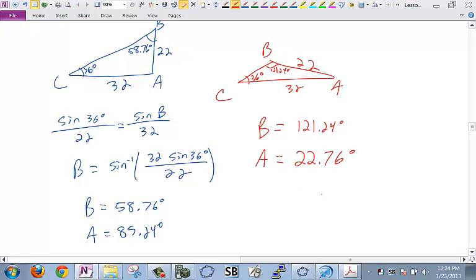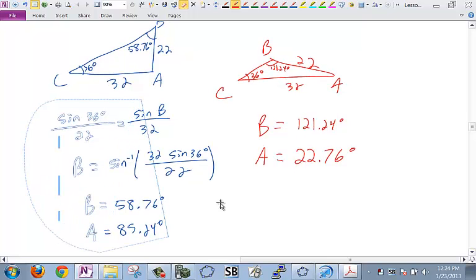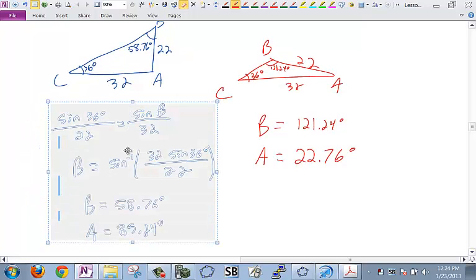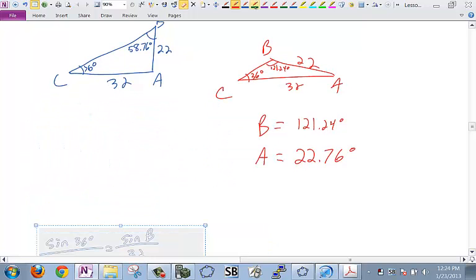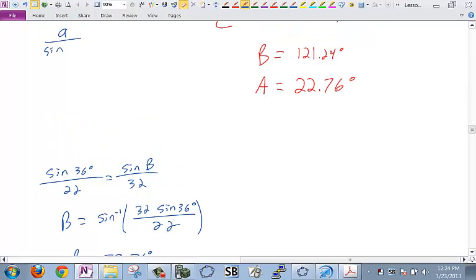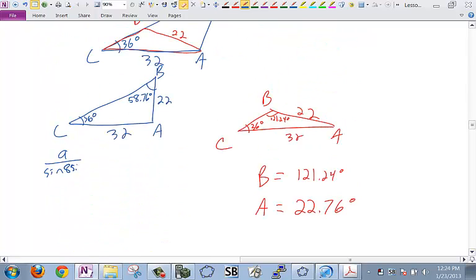And then the only thing left is to find side A. How do I solve for side A? Use law of sines. So we're going to have in blue A over the sine of 85.24 equals 22 over the sine of 36.